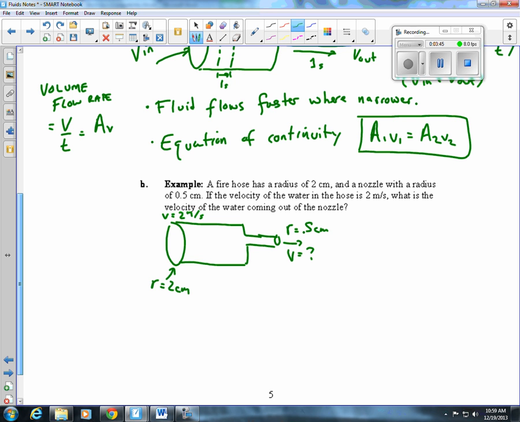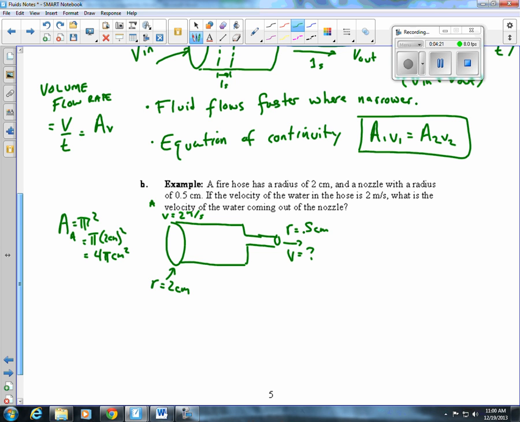So we have to find the areas. Now, I'm actually not going to convert because you're not going to need to, and I'll show you why in a second. Normally, I want my areas in meters squared, so I'd have to convert the 2 into meters squared. But I want you to see what happens. So area A, we'll call this section A over here, is equal to pi r squared, so it's equal to pi times 2 centimeters squared, gives me 4 pi centimeters squared.